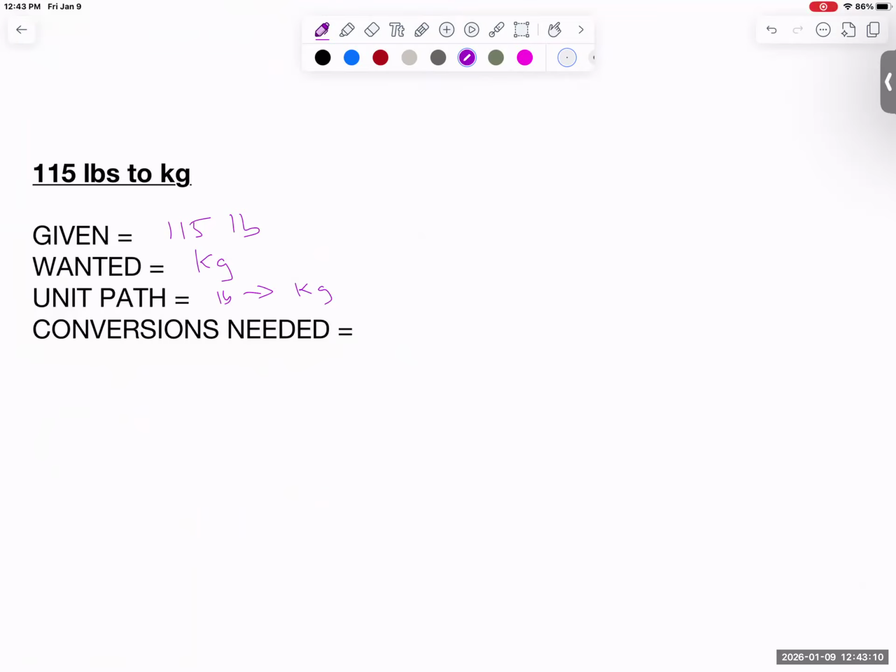And what's the conversion? 2.2 pounds to what? 1 kilogram. 1 kilogram is 2.2 pounds. Those of you who are clinical, or even visited somebody in the hospital, you look on their whiteboard, the board that's by their bed, it'll say their weight. If it does say their weight, they might be getting a medication based on their weight.